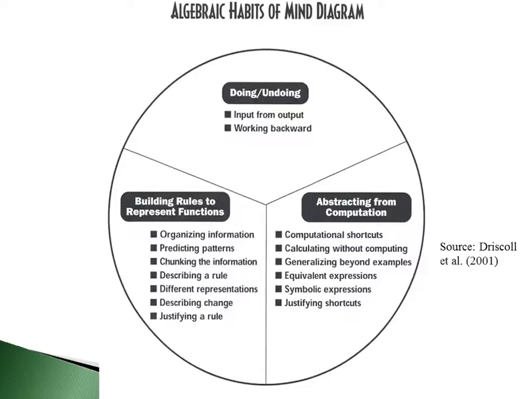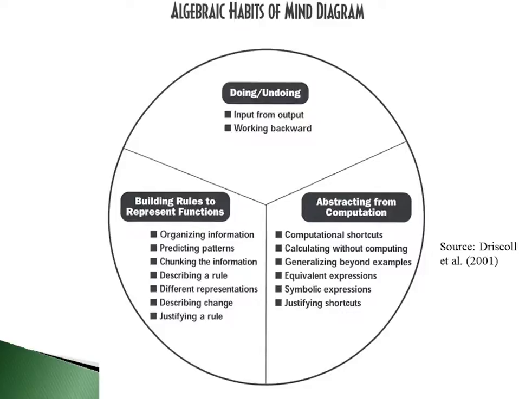Doing and undoing includes thinking about finding the input from the output, and working backwards to solve a problem. The features of building rules to represent functions include organizing information, predicting patterns, chunking information, describing a rule, using different representations, describing change in patterns, and justifying rules.